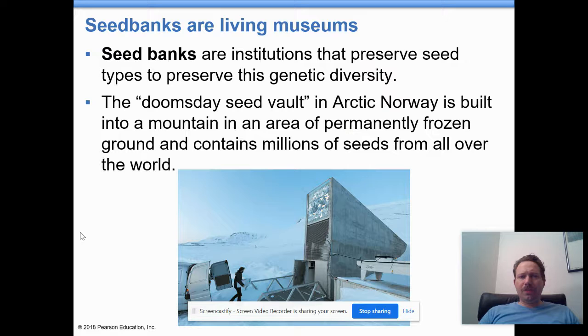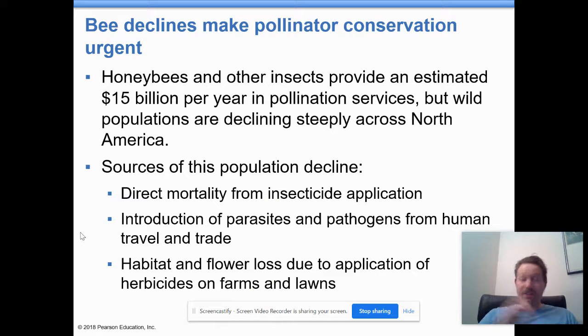And we also have places that are really protected, like seed banks, which look kind of like a doomsday bunker. This is in Arctic Norway, which very few diseases or viruses can get to and survive, and it's well protected, so that's good. It's literally a bank of seeds that represents the genetic diversity we have.